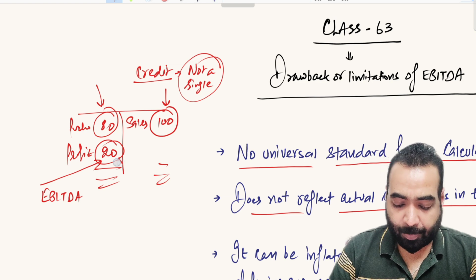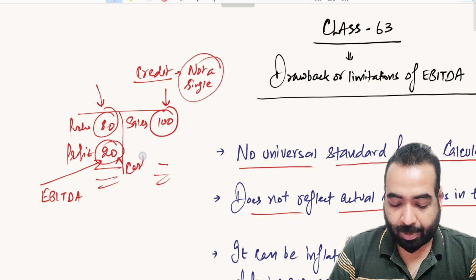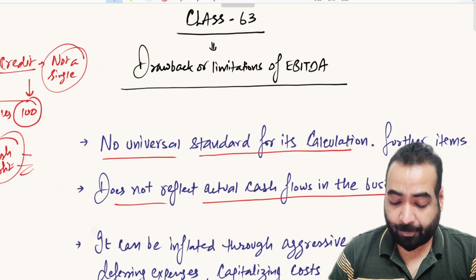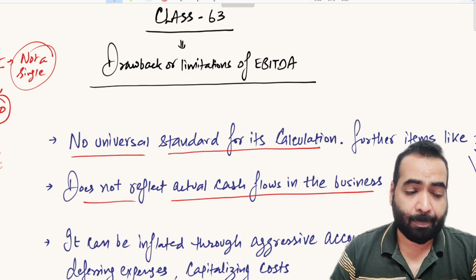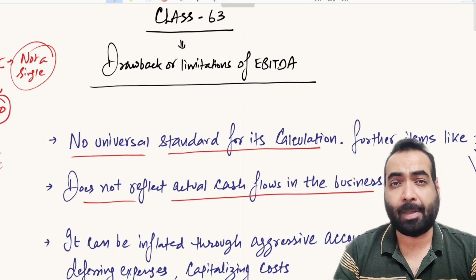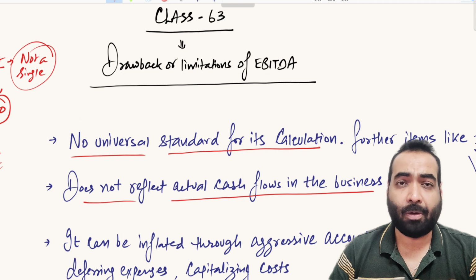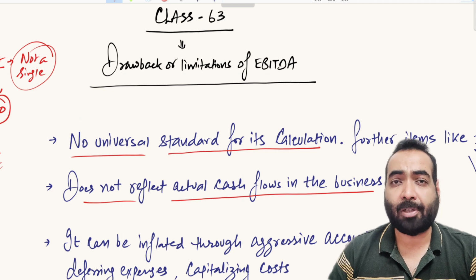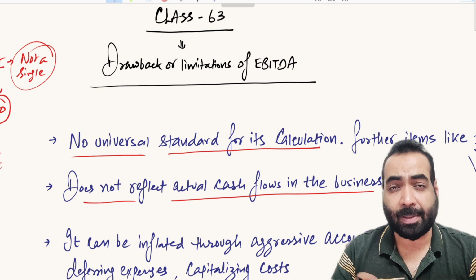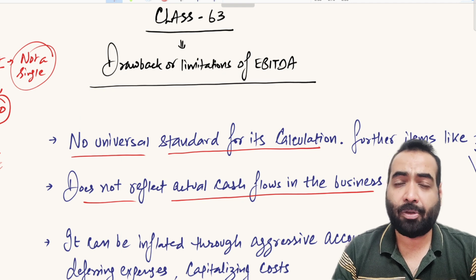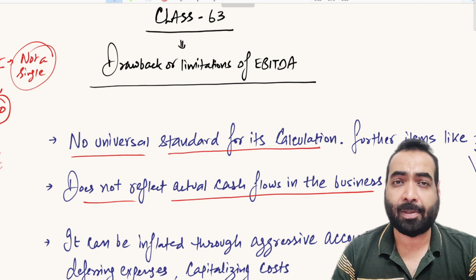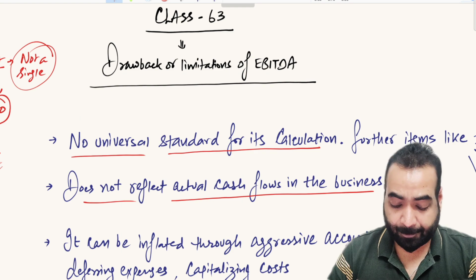So these 20 rupees do not represent your actual cash profit in the business, right? Some people get confused that EBITDA represents cash profit, but EBITDA is never your cash profit. If you consider it equivalent to cash profit, you may have inaccurate results or judgment in your balance sheet analysis.